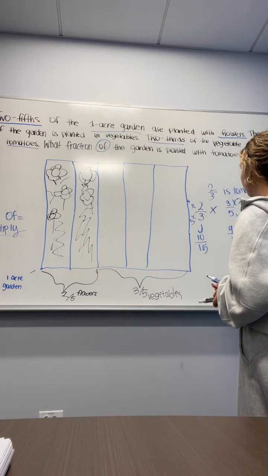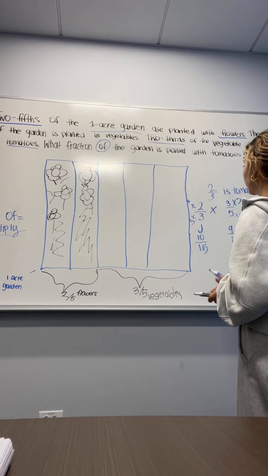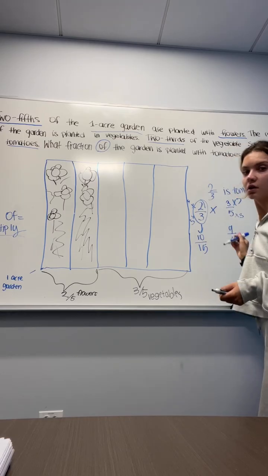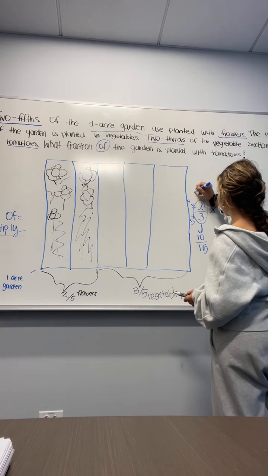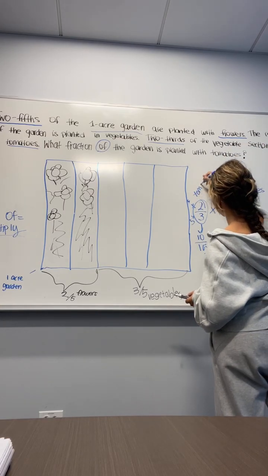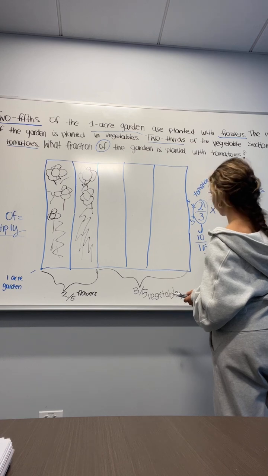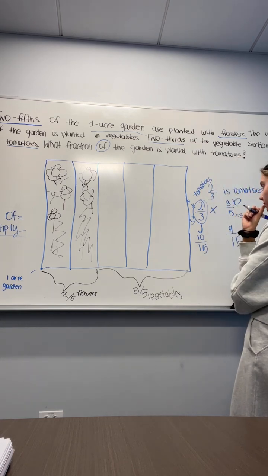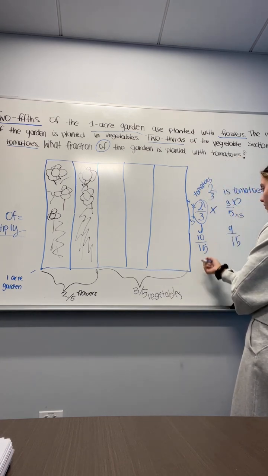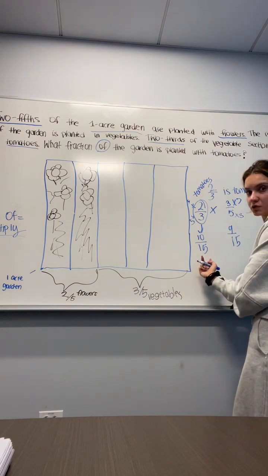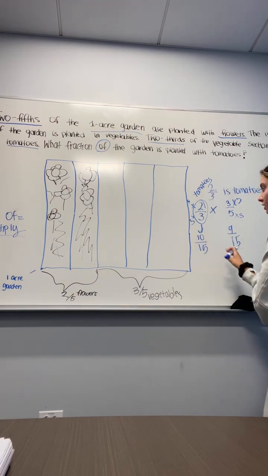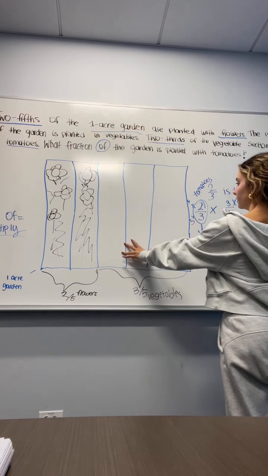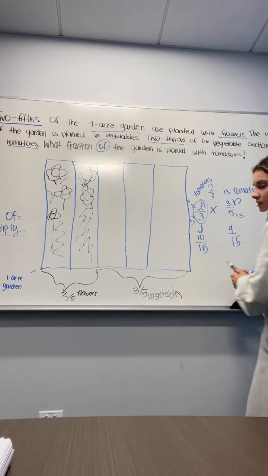So our 2/3 is our tomatoes. So now we have our common denominator. We're just going to keep going with this way. The best way to go about this is to divide the 3/5 into 15ths.